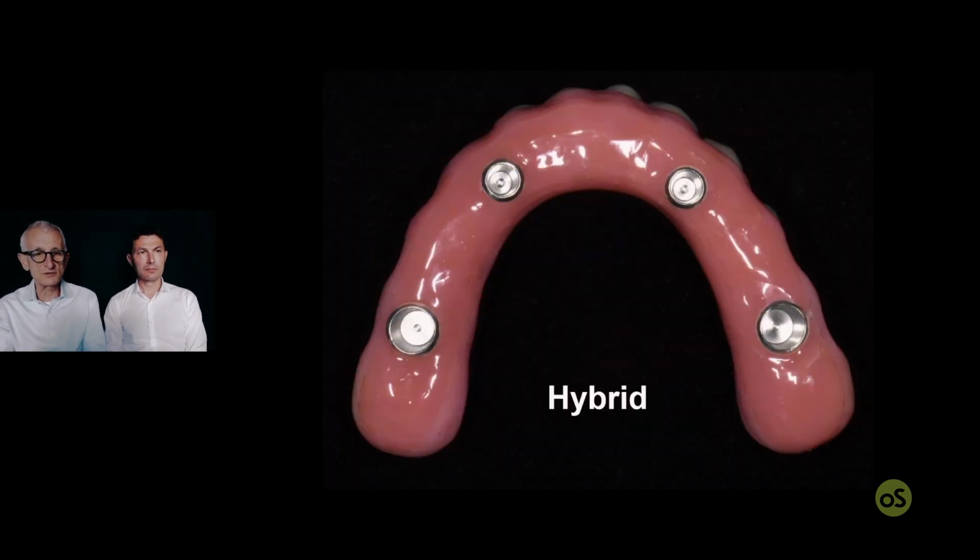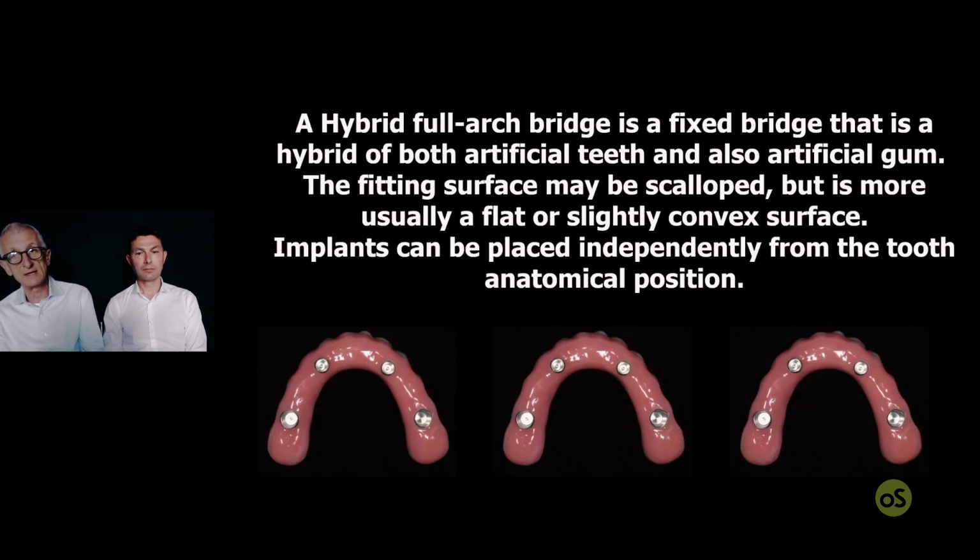Hybrid, on the contrary, you can place the implant wherever you want, as the emergence of the axis of the implant versus the shape and the emergence of the tooth is not important, since you have now also a big part of pink tissue restored. So let me read.